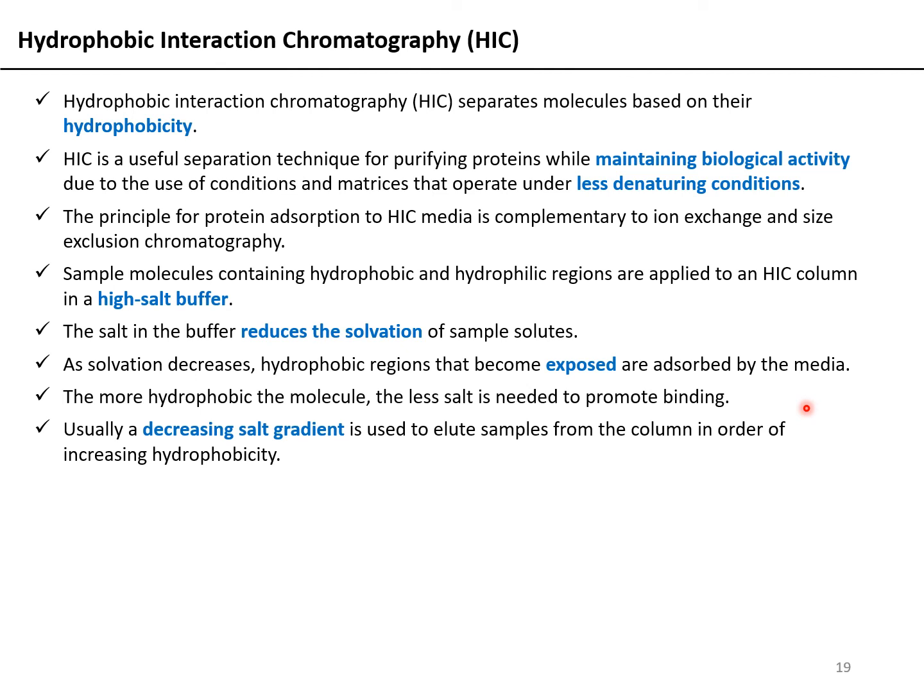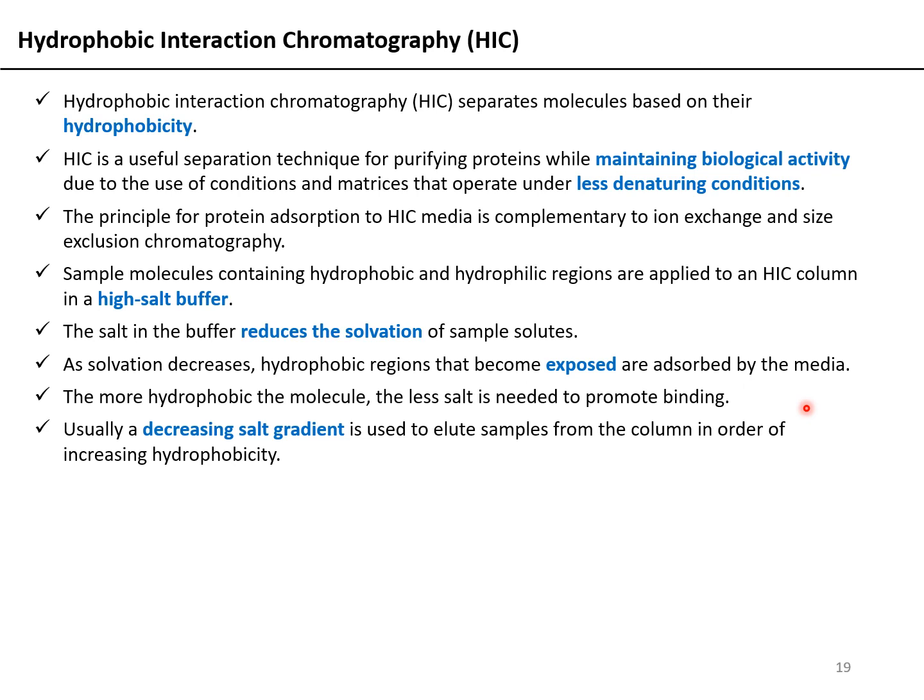Usually, a decreasing salt gradient is used to elute the samples. Why? Because at high salt concentration, your protein is less solvated, its hydrophobic regions are exposed, and it is bound to the column. As you reduce the salt concentration, the protein will get better solvated.